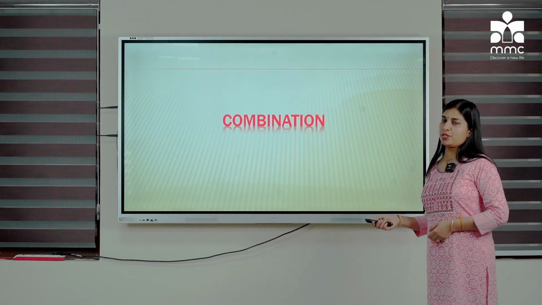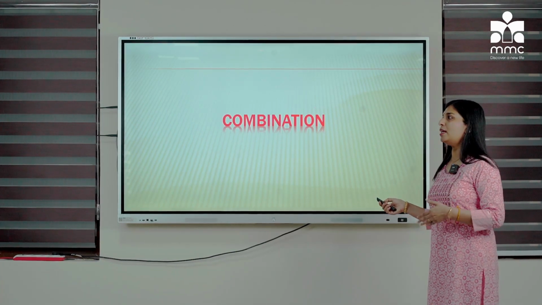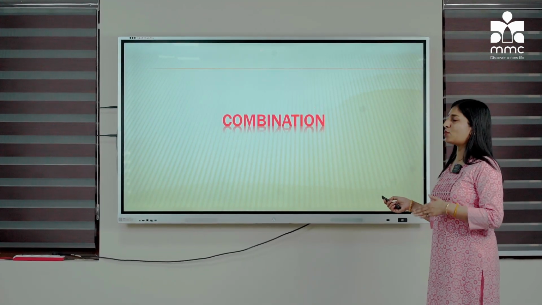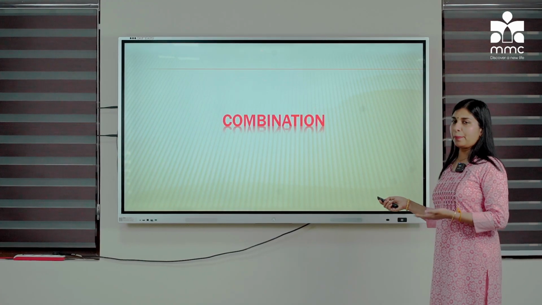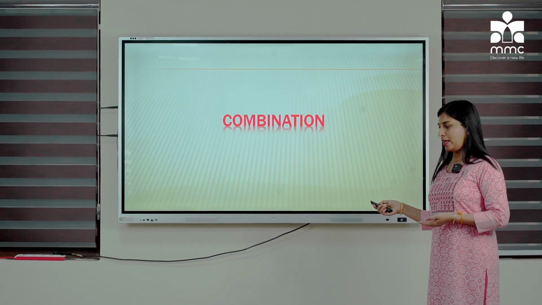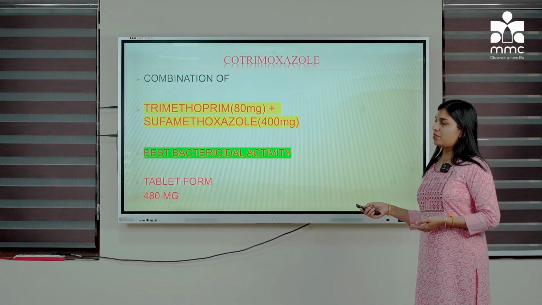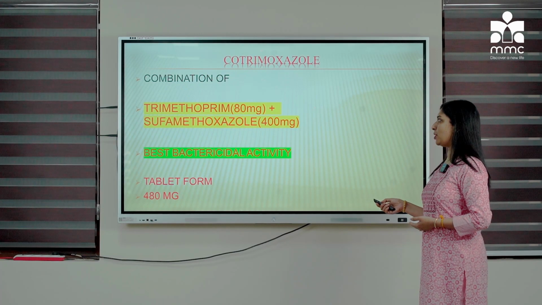So combination. As we have discussed before, if these drugs are given individually, it results in sequential blockade and gives only a bacteriostatic effect. So what happens if we give these drugs in combination? These are the combination drugs, trimethoprim and sulfamethoxazole.